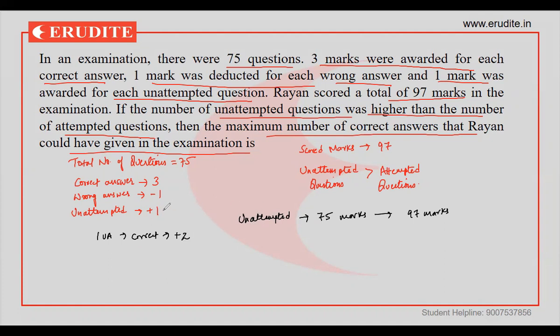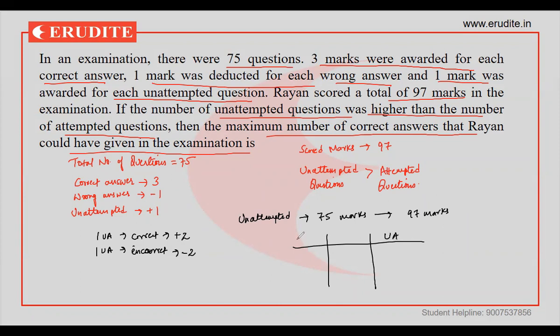If he is correcting, then he should get 3 marks, but 1 mark already got, so net plus 2 marks will increase. But if he is making any unattempted question incorrect, then the net change will be minus 2. Why? First, for unattempted, he was getting 1 mark. As he is making it wrong, this 1 mark has been deducted. Along with that, for the wrong answer, he is getting another minus 1. So net minus 2.